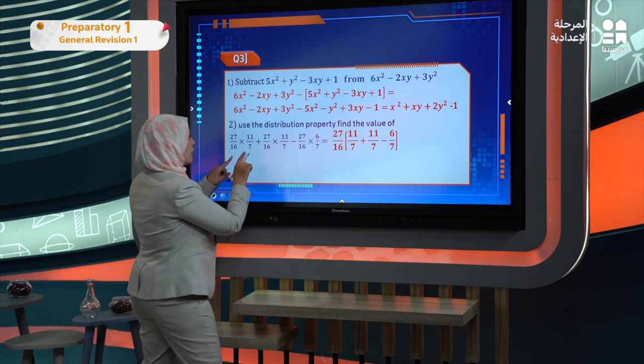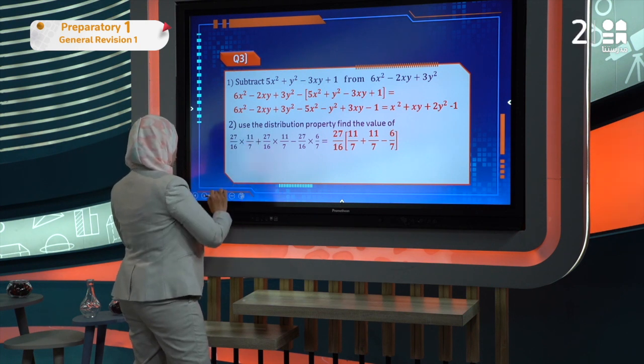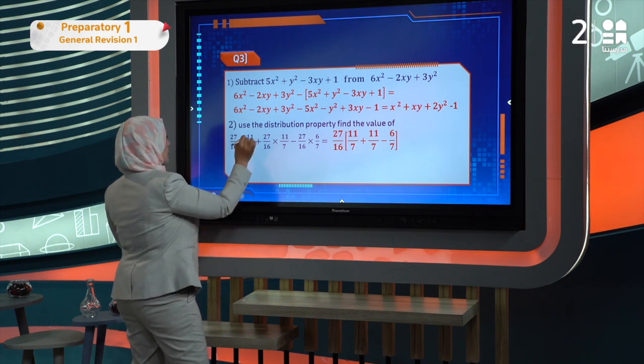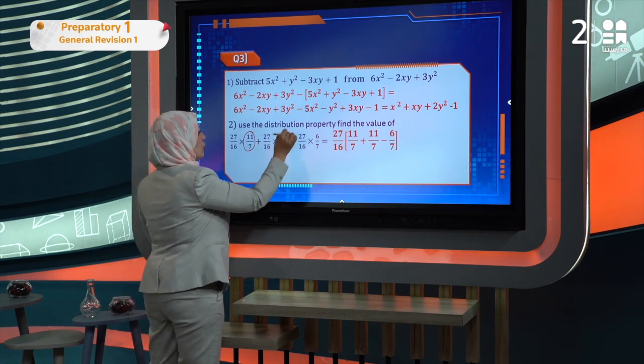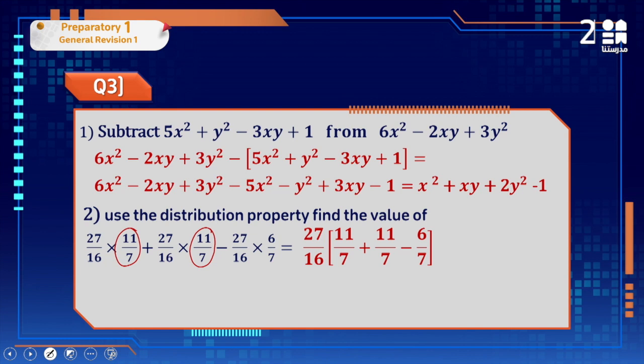Then from the first term we have 11 over 7. The second term we have 11 over 7. And between them plus, here it is. Then the third term we have 6 over 7, and here we have negative.